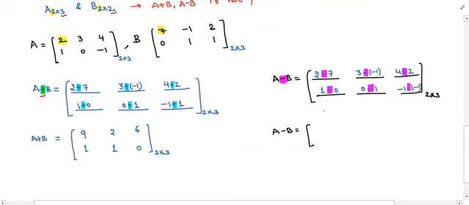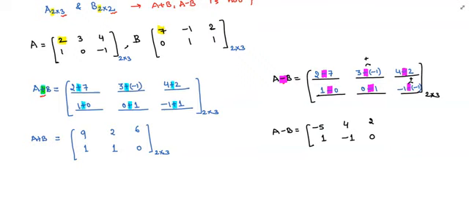2 minus 7 gives you minus 5. 1 minus 0 gives you 1. 3 minus minus, this minus minus becomes plus, so 3 plus 1, 4. 0 minus 1 is minus 1. 4 minus 2 is 2. Minus, minus becomes plus.